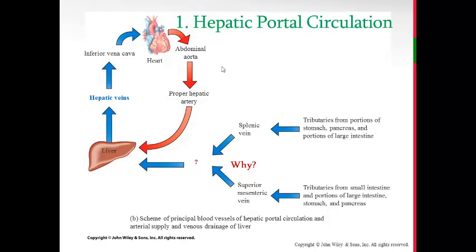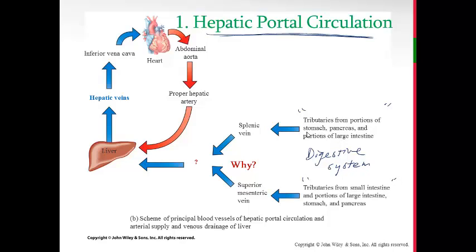So let's take a look at why we have to have hepatic portal circulation. And here's the reason. Now, you have all your goodies from your digestive tract, from your digestive system. Right now it's showing you all different parts of it.